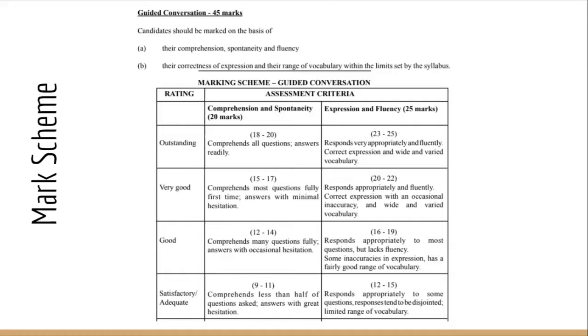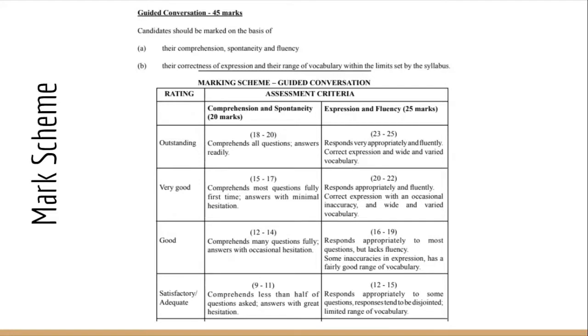So you have to show that you readily understand. You have to answer spontaneously, without it seeming like you have to really think hard to answer a question, and of course, fluency, meaning that your words flow, you express yourself with little hesitation, if any at all.